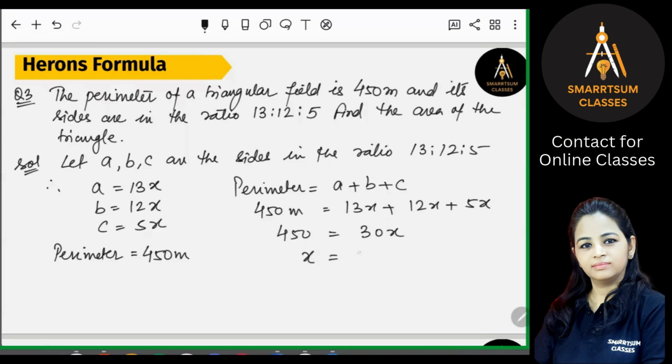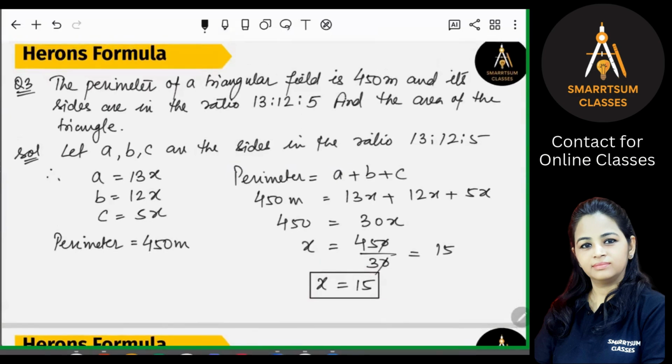So x is equal to 450 divided by 30. Getting it? So the zeros will cut and this is 15. So x is equal to 15. This is the value of x, not the value of the sides. Now we can find the value of the sides by putting the value of x.